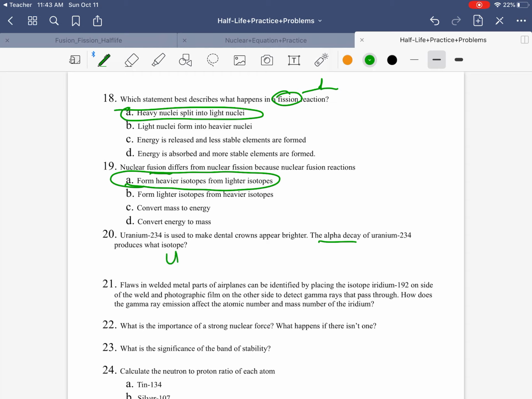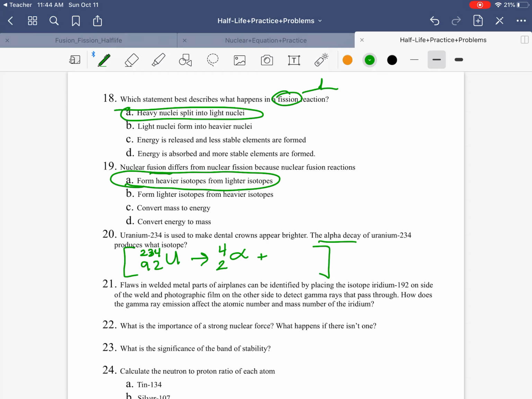So uranium has a mass of 234 and an atomic number of 92. You're going to put your arrow because it's showing a reaction is happening. Alpha decay is 4 of a mass, 2 of charge. Here's our particle, plus, remember, everything on this side needs to equal everything on that side.